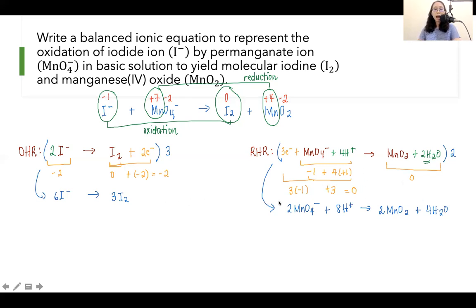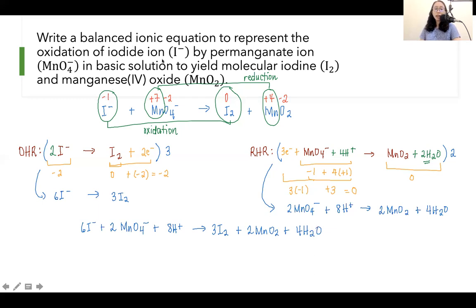So now we add the two half reactions. So we have 6 iodide plus 2 permanganate plus 8 hydrogen ions forming 3 iodine or molecular iodine plus 2 manganese 4 oxide plus 4 water molecules.